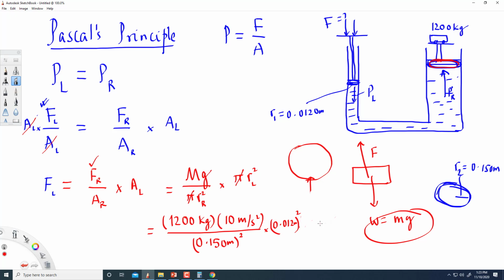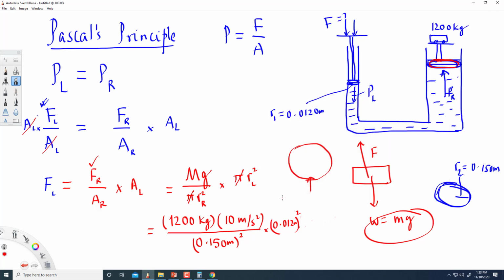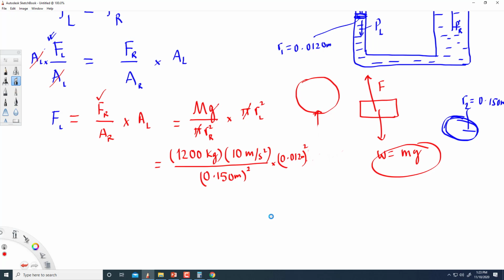That gives me 76.8 Newton, which in kilogram would be 10 times less.